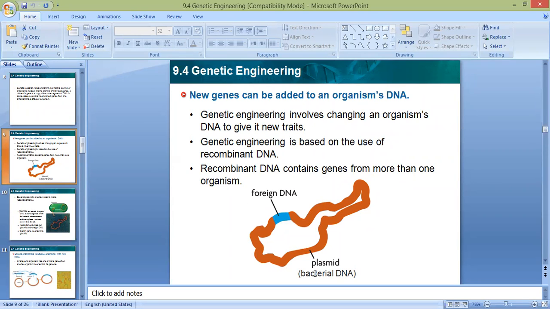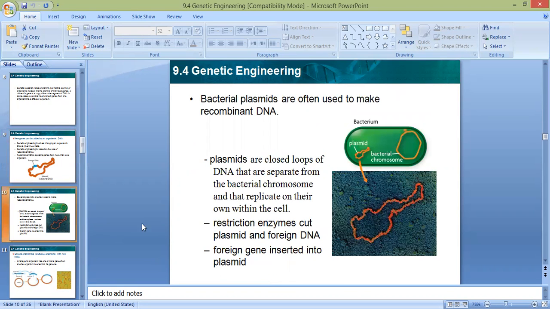And we said, how do they make this recombinant DNA? They take plasmid bacterial DNA from bacteria. Okay, and they also use a restriction enzyme. They cut where they want to add the gene, and they add the foreign DNA or the foreign gene from the DNA to this bacterial plasmid. Okay, no problem.